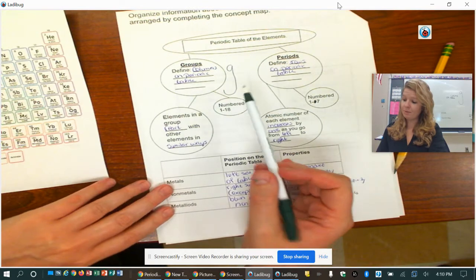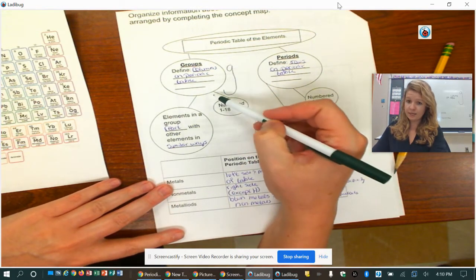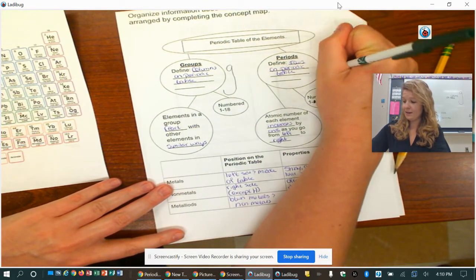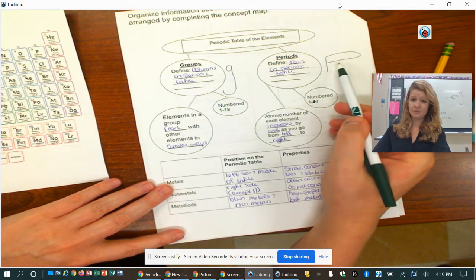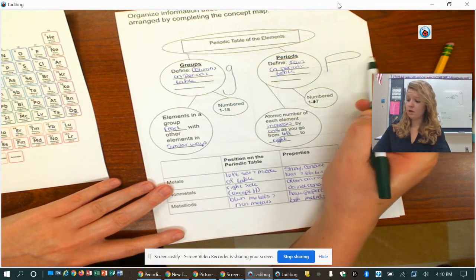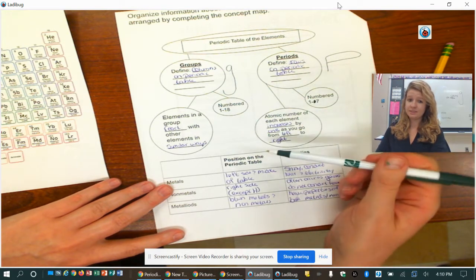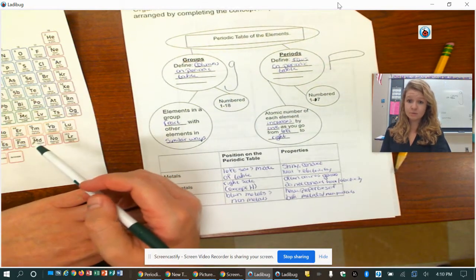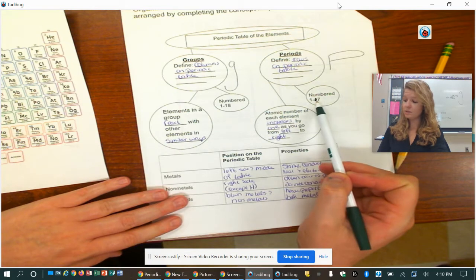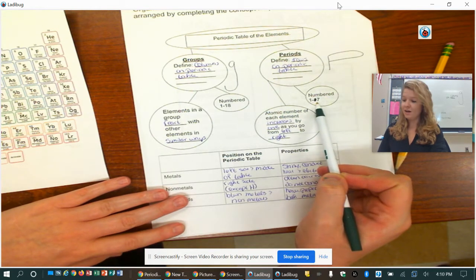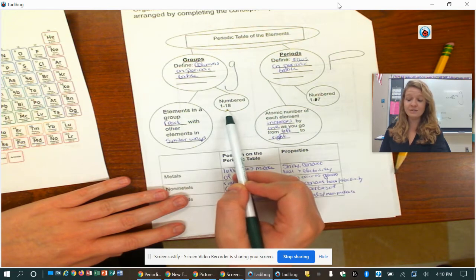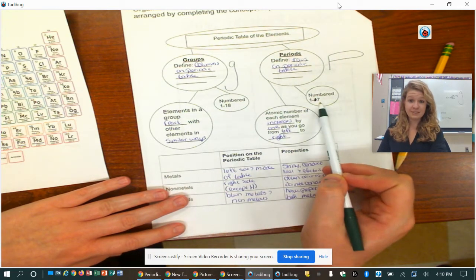So just like we remember that G has that long tail, I always draw my P like this. That helps me remember that periods are rows, so they're going down like this. Now, I made a mistake on your notes, so make sure that you know there's only 1 through 7 periods. I put 17. I don't know what I was thinking, because you have 18 groups, but only 7 periods.